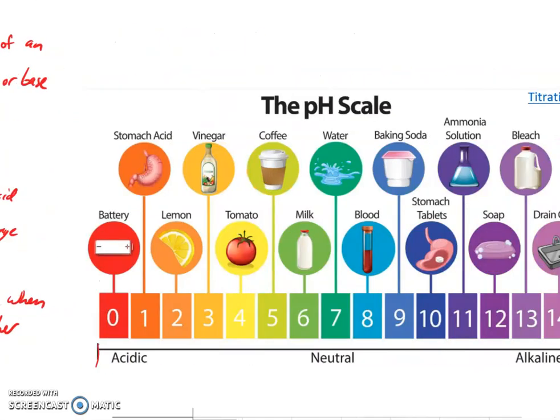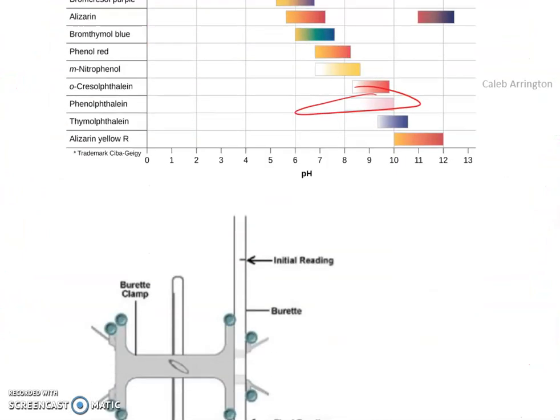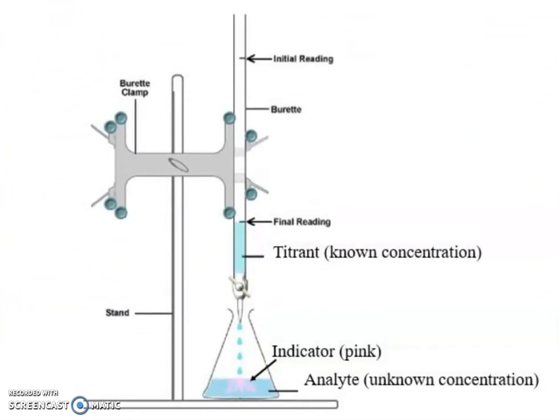So let's take a look at the equipment that you would use in a titration. You get to use a burette, which is a tall, skinny piece of glassware that has graduations all along the edge for you to read volume. You would use an Erlenmeyer flask or a beaker down at the bottom where you would contain your solution of unknown concentration.